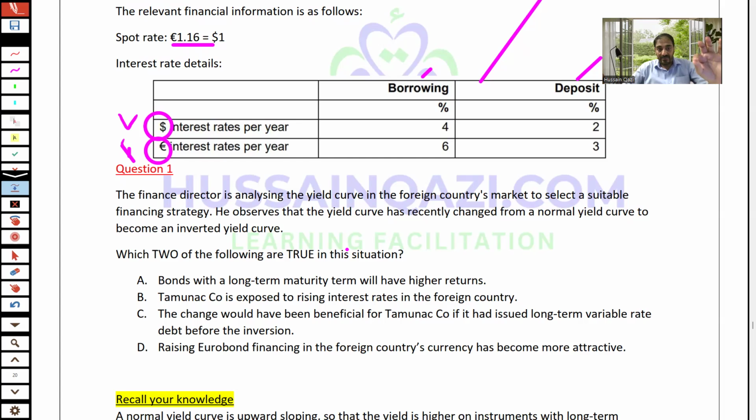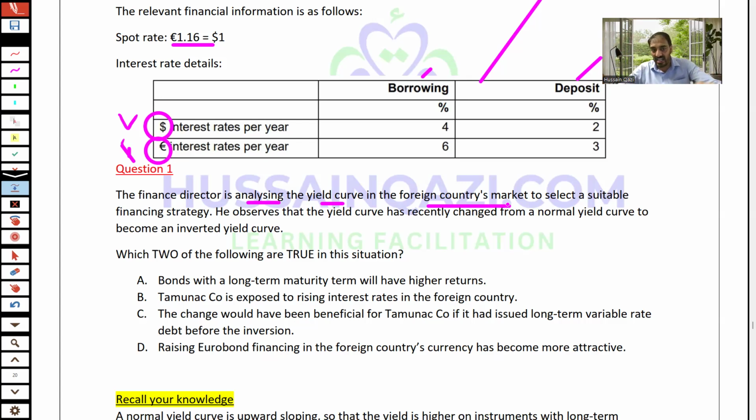Read it carefully. The finance director is analyzing the yield curve in the foreign country's market. Don't be confused: yield curve in the local market or international market, the concept remains the same. Normal yield curve: upward, increasing trend of interest rate.